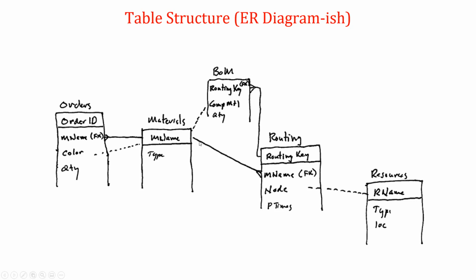A material is linked through the foreign key material name to a routing, and the routing specifies a node that's linked back to the resources table. Note that this is a dashed line because the node can't be a foreign key. The node has to be a sequence destination, because defining the sequence destination is what allows us to route by sequence.